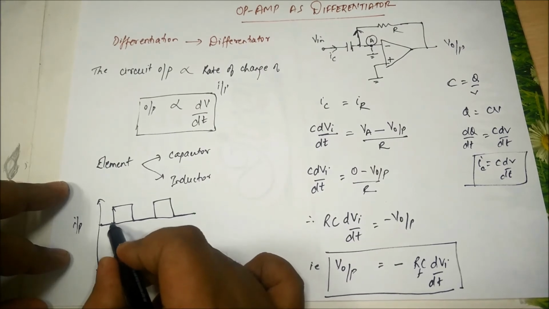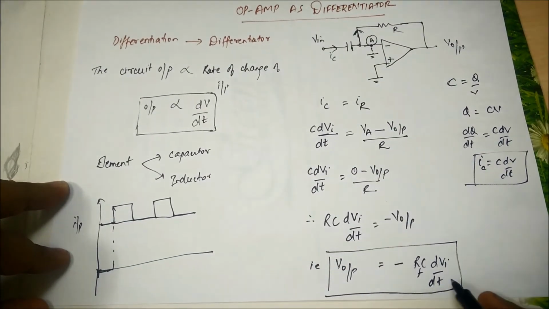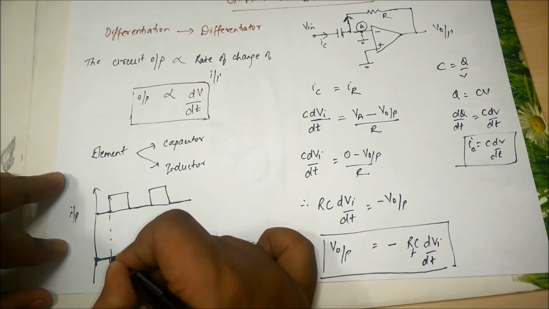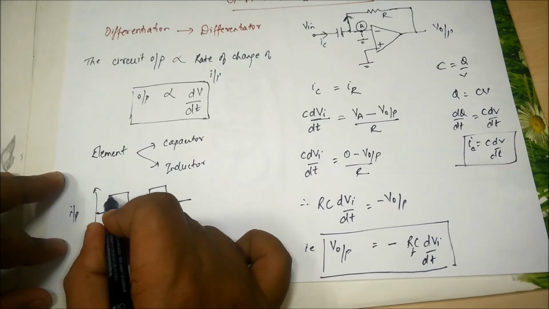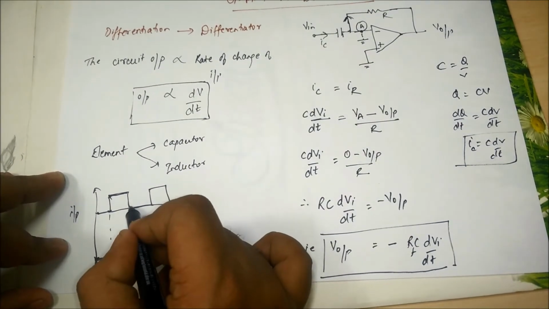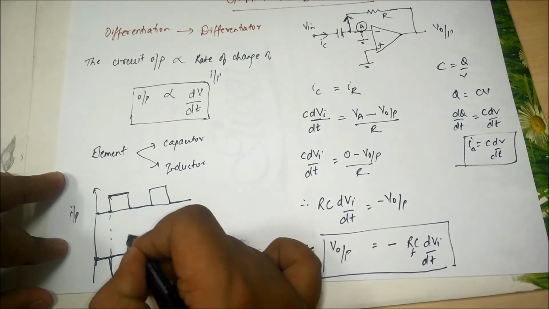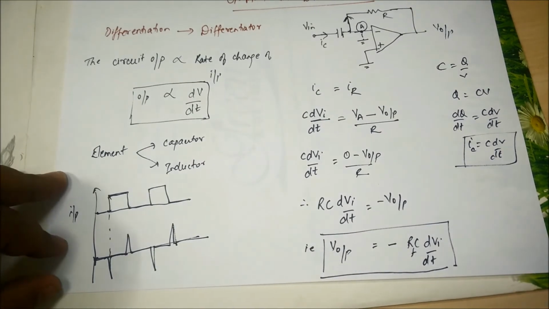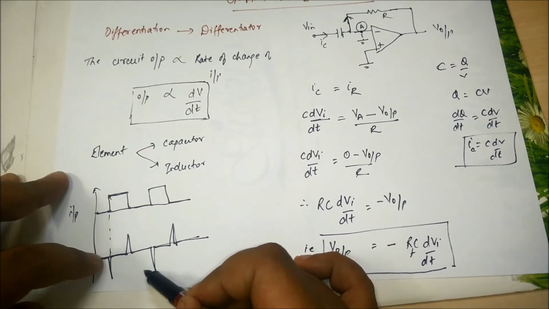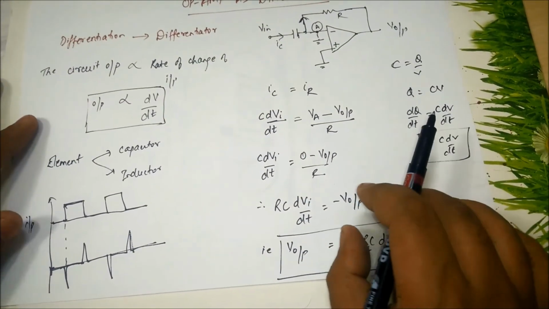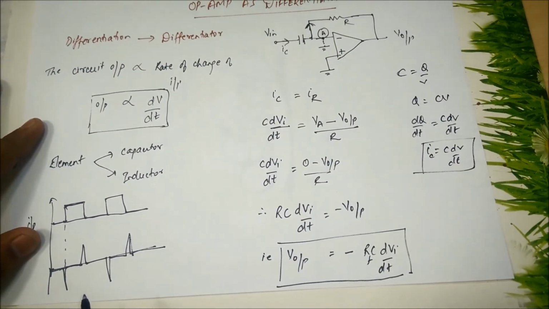But now suddenly my input changes, and I will get an output, but 180 degrees out of phase. But then my input becomes constant. If input becomes constant, there will be no output. Suddenly my input falls down, changes, and the output is 180 degrees out of phase. So if you see, differentiation of a square wave will give me an impulse. Normally we can use a differentiator circuit to find out where to strike a chord, wherever my input changes its state.